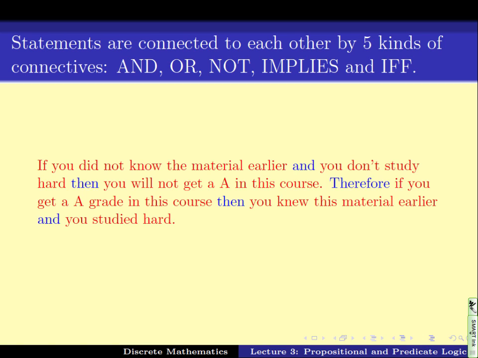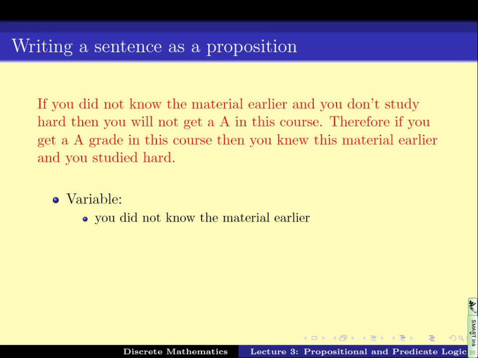Now that we have understood what the connectives are and possibly what the statements are, let's try to convert this English para into a mathematical logic statement. To start with, let's take the first statement, and that is you did not know the material earlier.